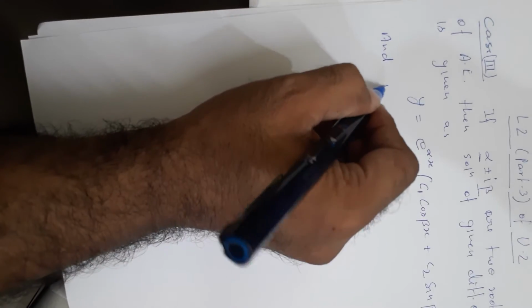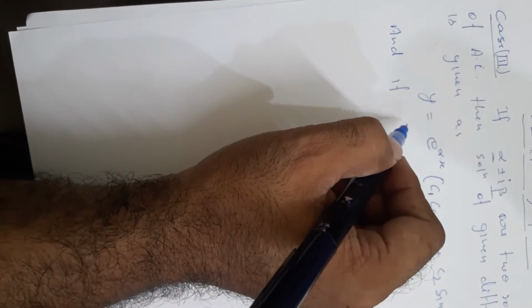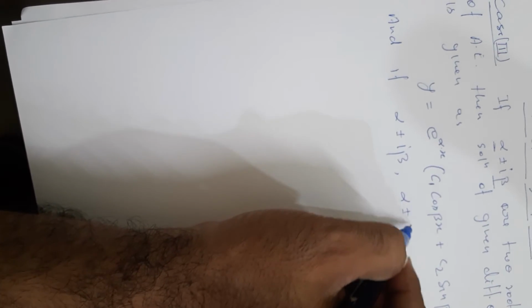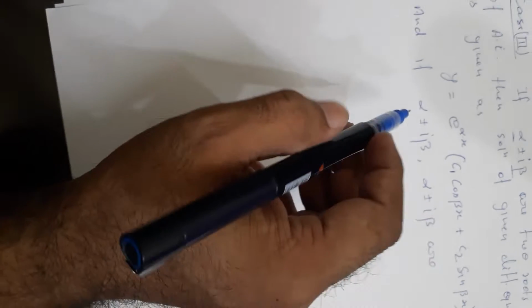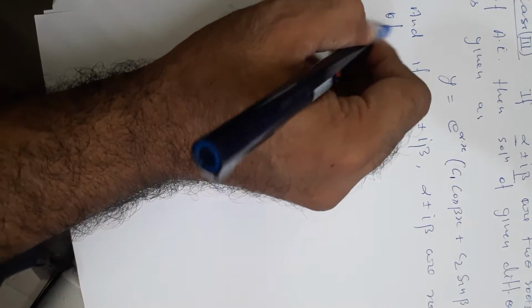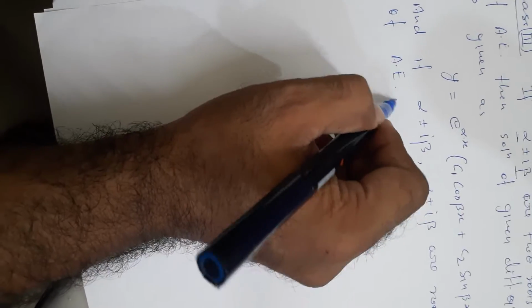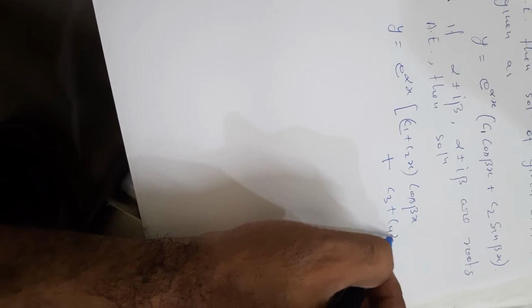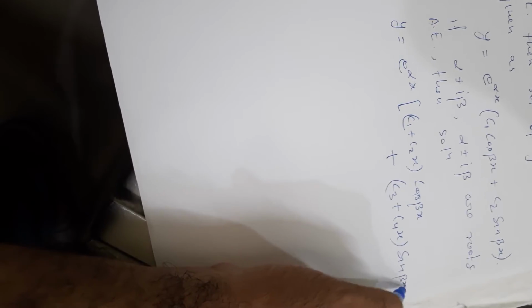And if the complex roots are repeated, then in this case the solution of the given differential equation is e to the power alpha x times (c1 plus c2 x) cos beta x plus (c3 plus c4 x) sin beta x.